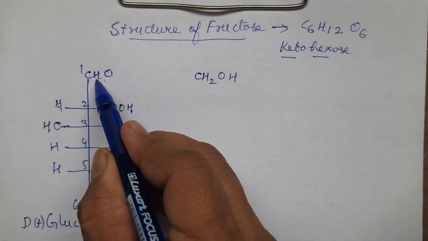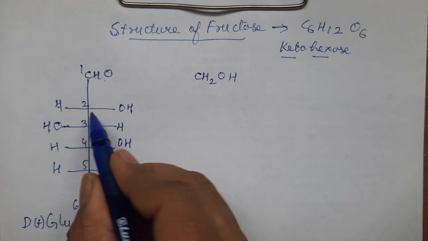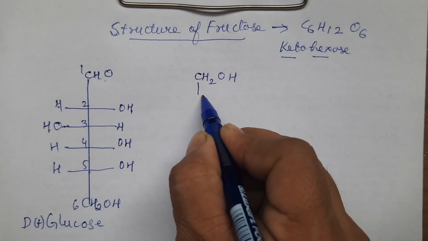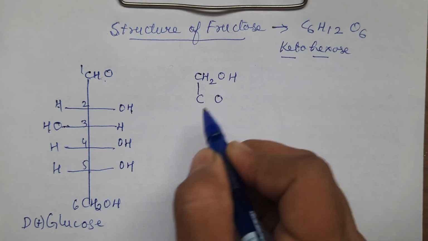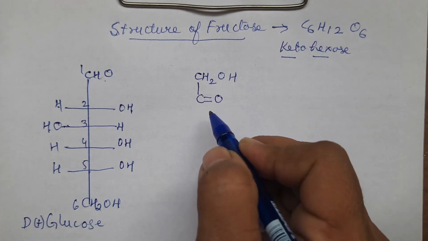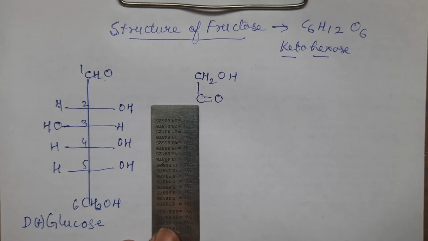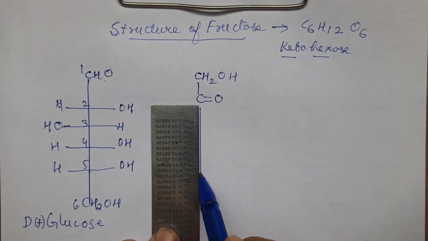One hydrogen I take here, one hydrogen here, to make CH2OH. Now on the second carbon atom, I am left over with only CO. So since I have removed 2 hydrogens, I'll put a double bond. That means there is a ketone functional group in fructose.